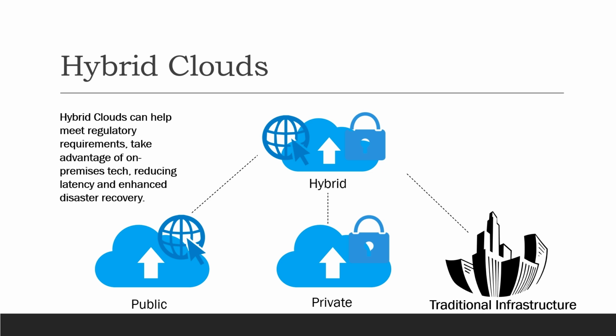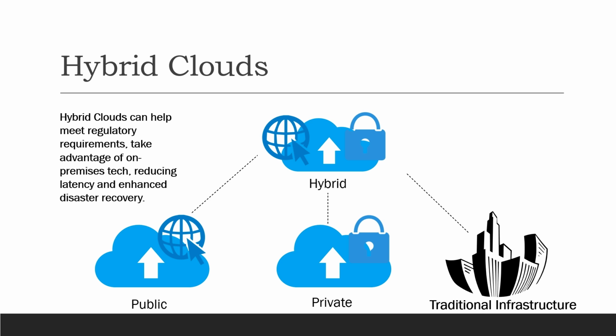So some companies keep sensitive information on premises to ensure compliance. They might store the sensitive information in the private portion of the cloud, and you can also have the public version of the cloud for the non-sensitive information.